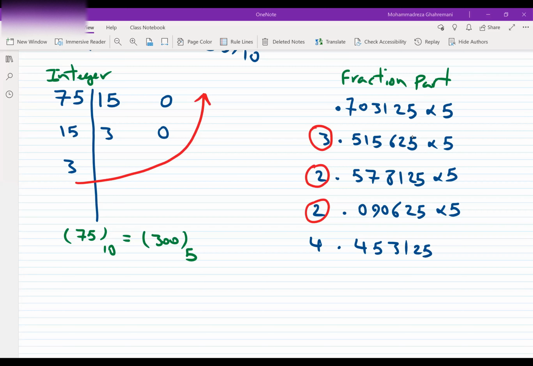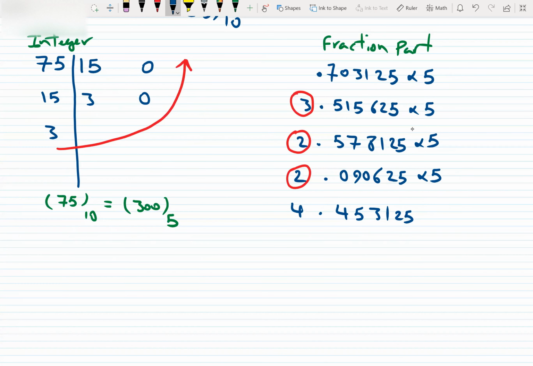Okay. So we need to stop at a desired resolution. Here we want to stop at 4-digit resolution, and so the fraction conversion is 0.3224.